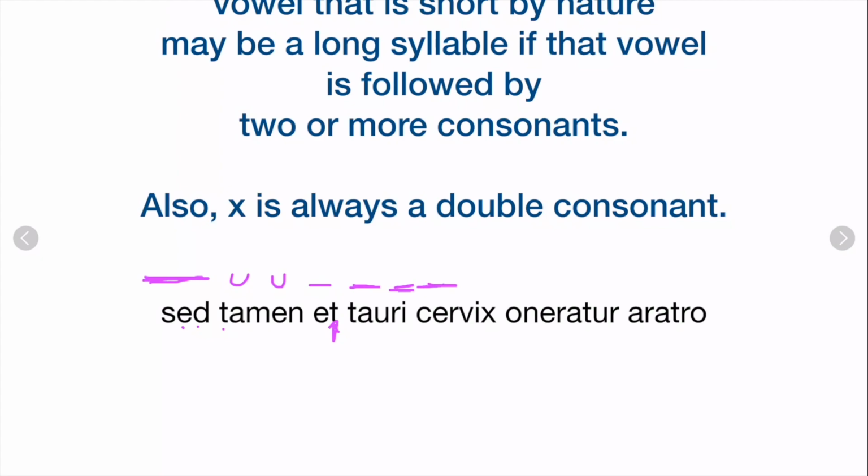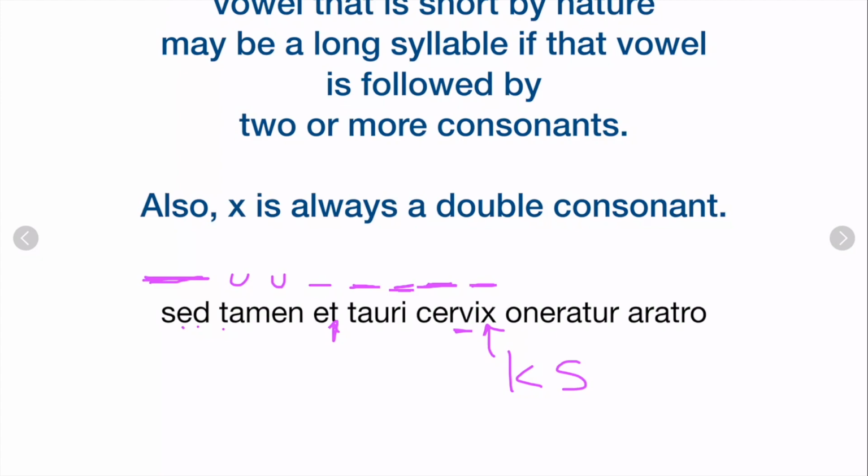Care is long because, look, even if you didn't know if that E was long or short by nature, notice it's followed by two consonants, so we're going to call that syllable long. And then this too, wix is long. It's long because, remember, X is basically a K sound plus an S sound.